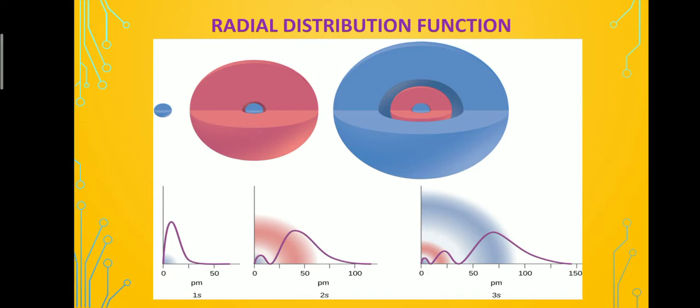For 2s we have one node, and for 3s we have two nodes, that is, two radial nodes, which can be given by the equation n minus l minus 1, where n is the principal quantum number and l is the azimuthal quantum number of the orbital.